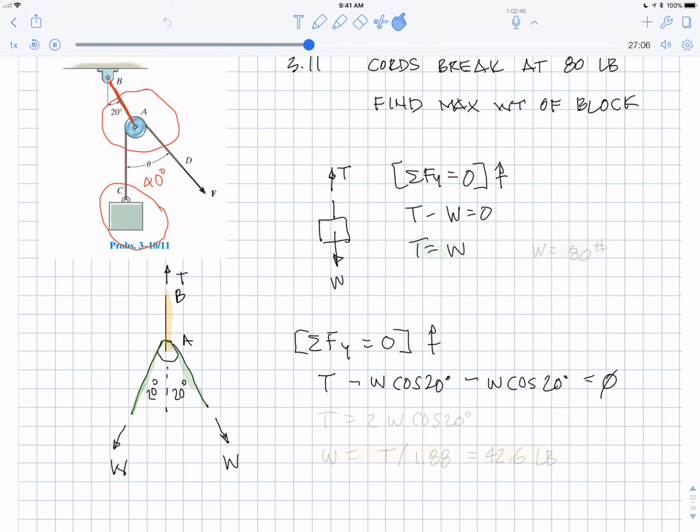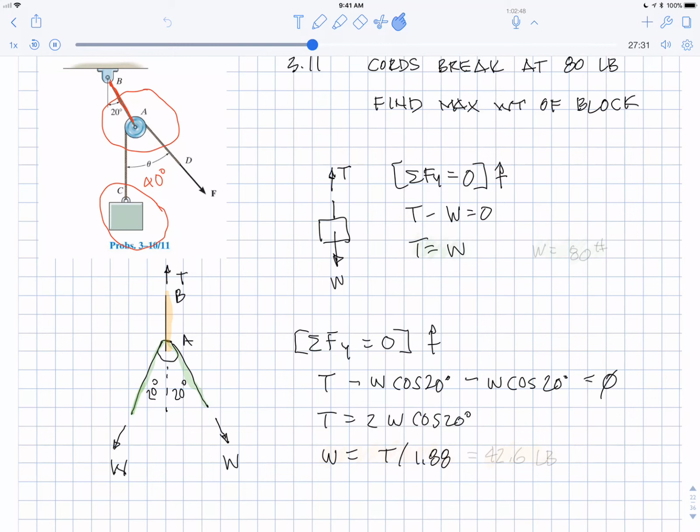And so let's solve for W. So T equals 2 W cosine 20 degrees. Solving that for W, I get T over 1.88. So that was the easy part.